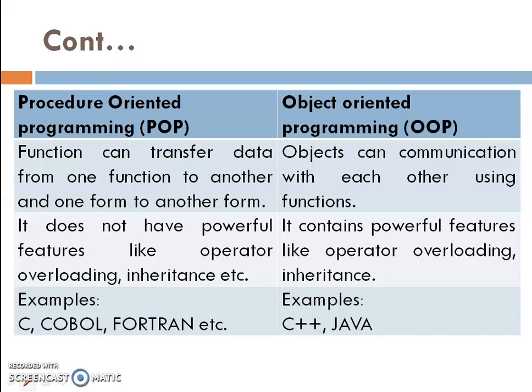Now next point in POP, it does not have powerful features like operator overloading, inheritance, etc. In next point of OOP is it contains powerful features like operator overloading, inheritance, etc. Then last point of POP is example of POP language is C, COBOL, Fortran, etc. And the example of OOP language is C++ and Java.